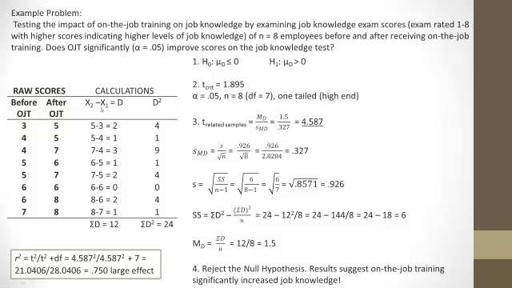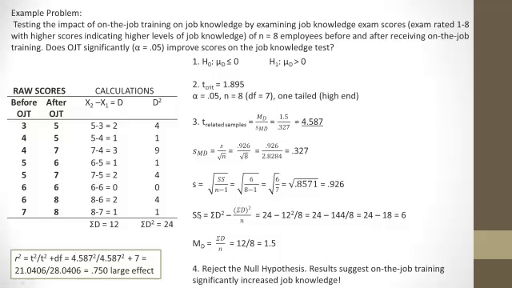So 5 minus 3, 5 minus 4, all the way down for everybody in the study. Then you add all those D values together to get the sum of the differences. So the sum of the differences divided by the sample size, 12 divided by 8, where 8 is our sample size, and you end up with a mean difference of 1.5. So on average, job knowledge increased by 1.5 points.